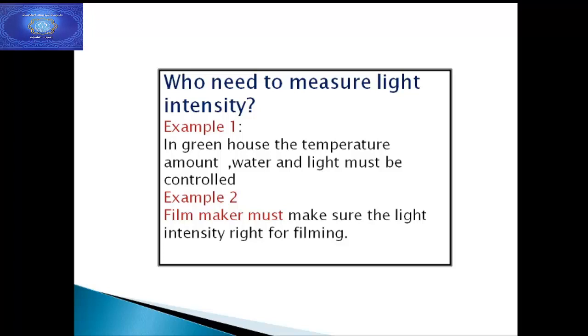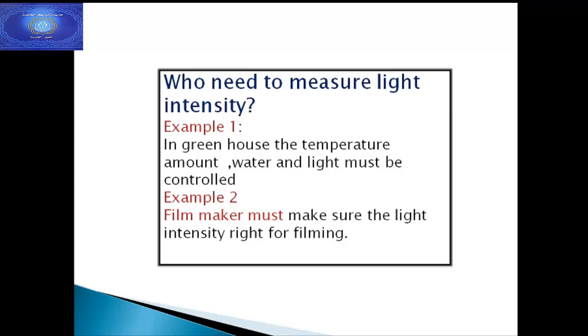If the water, temperature, or light is not controlled, the plant cannot grow well, because light is very important to plant growth. The plant uses the light to make its food by itself. Without light control, the plant cannot grow and will die.